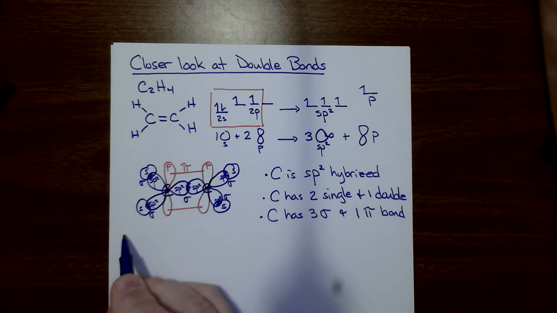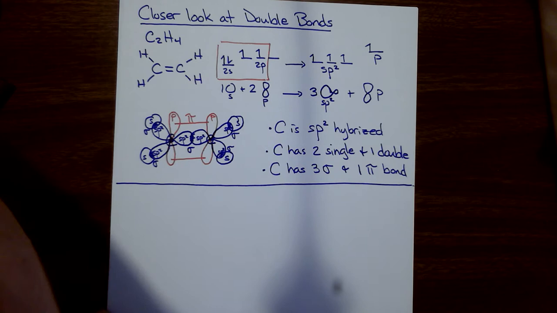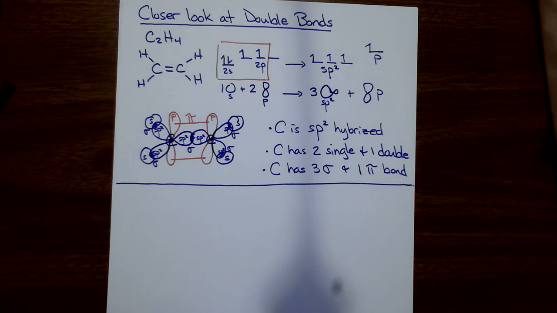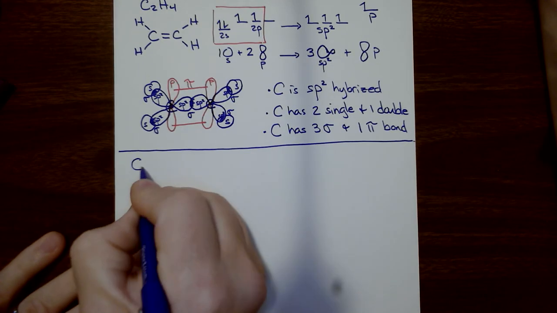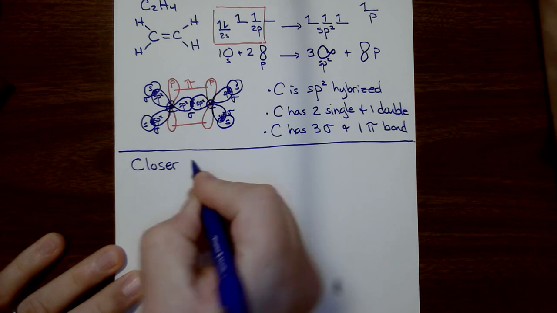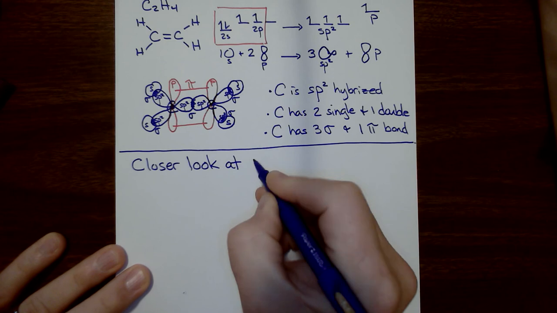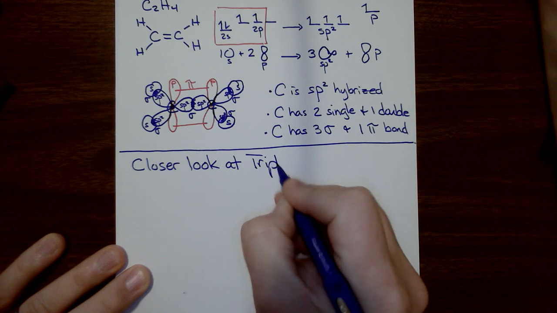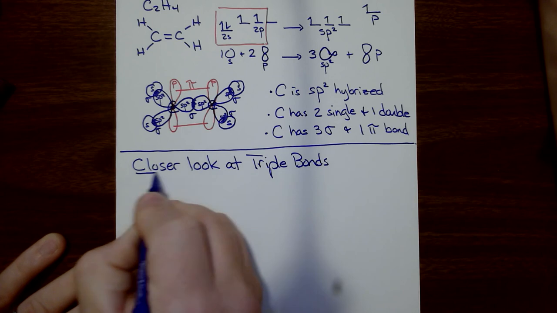And now the last one is a closer look at the triple bond. Okay, so a triple bond will look like this. Closer look at triple bonds.